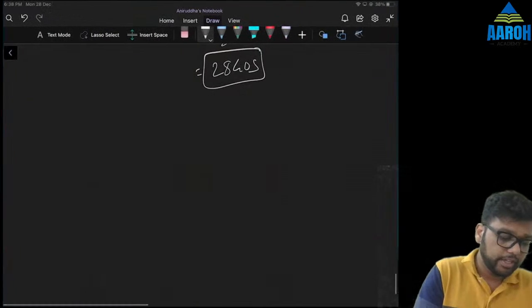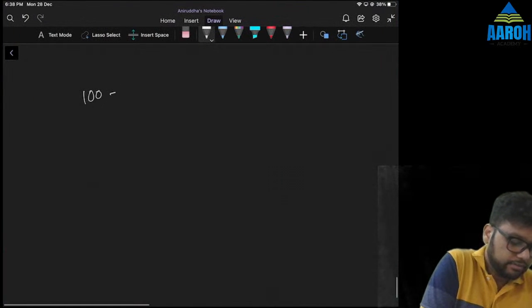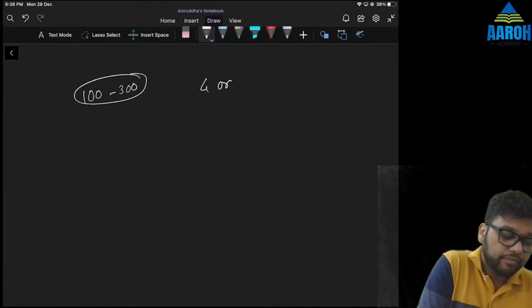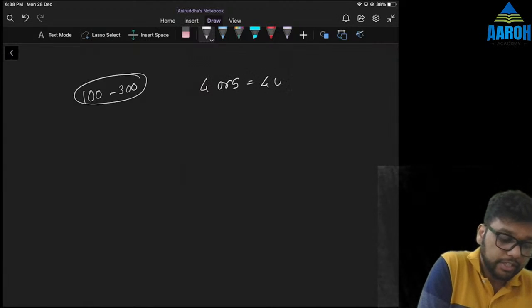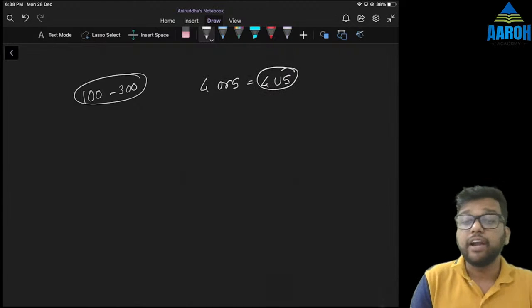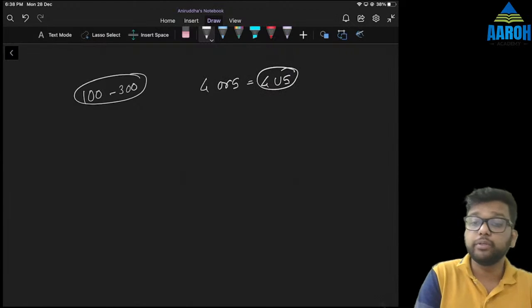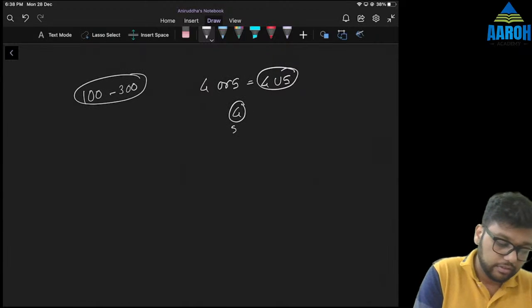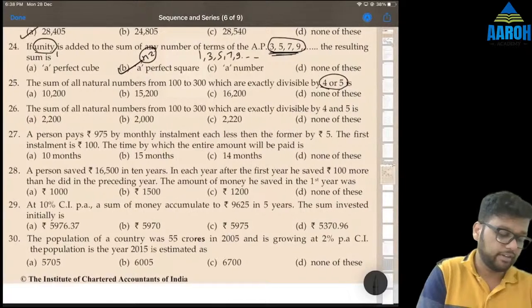We want numbers between 100 and 300 which are divisible by 4 or 5. Or means union, and we know the formula of union. For union, we need numbers divisible by 4, the sum of that, right?